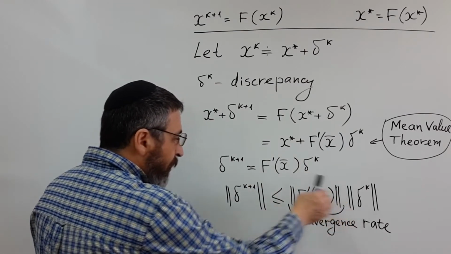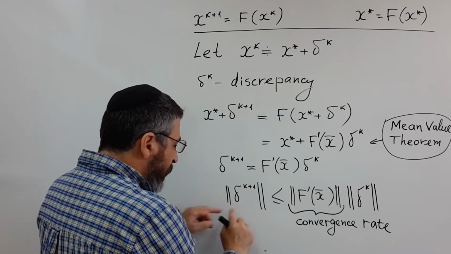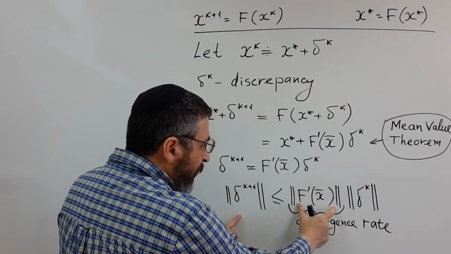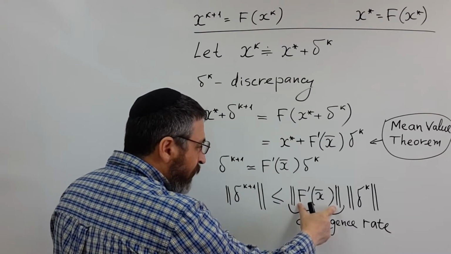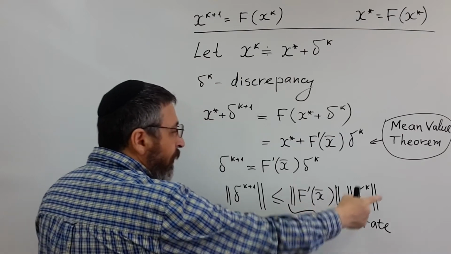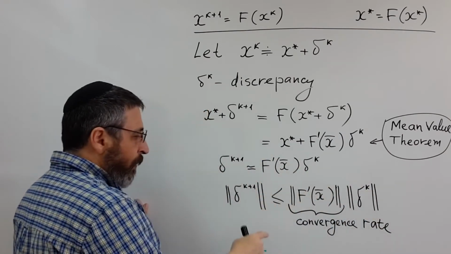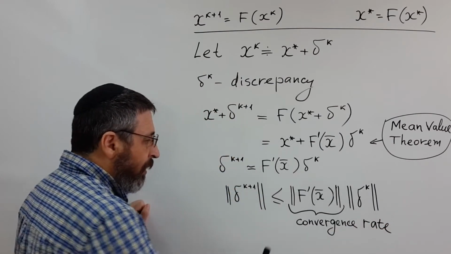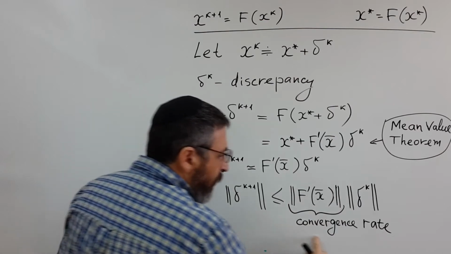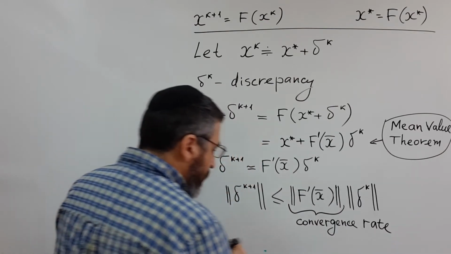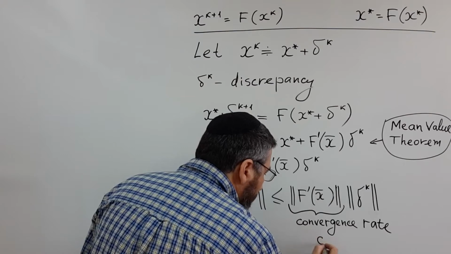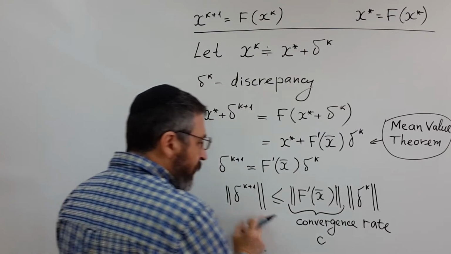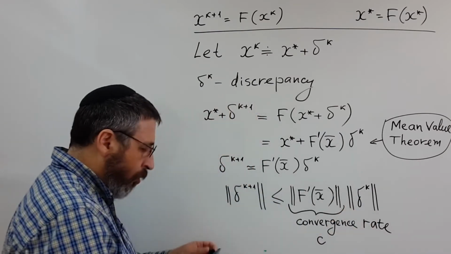And we see now the condition under which the norm of our discrepancy might decrease: this is a number, and if this number is smaller than 1, then we know that norm of discrepancies will decrease. It's so-called linear convergence. And this number is called linear convergence rate. Sometimes it's denoted like C. So norm of delta_{k+1} is some C multiplied by norm of delta k.